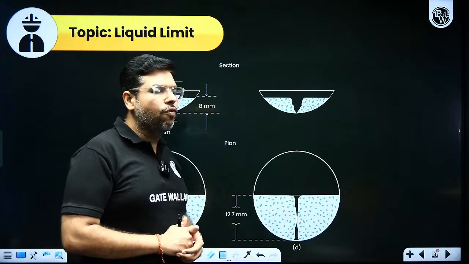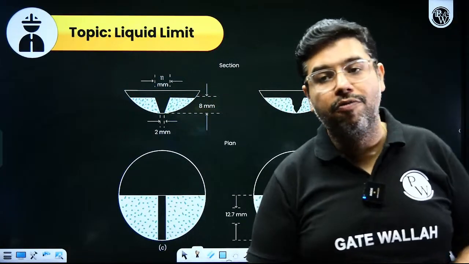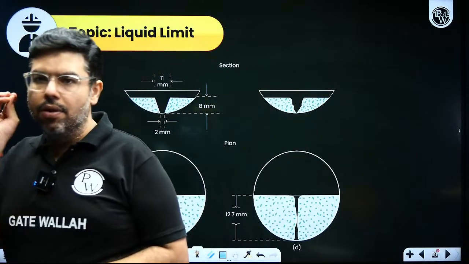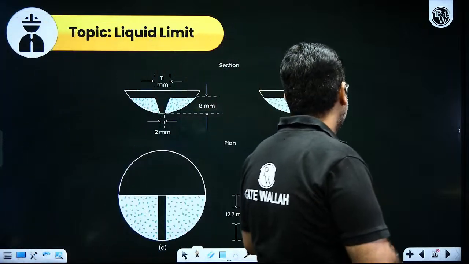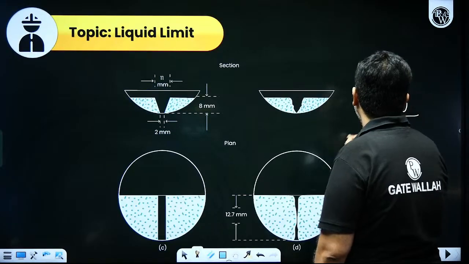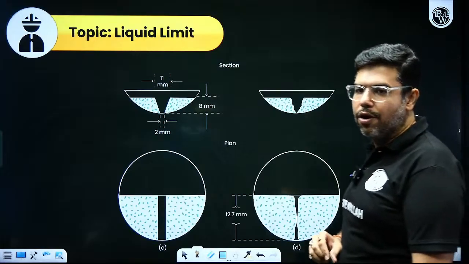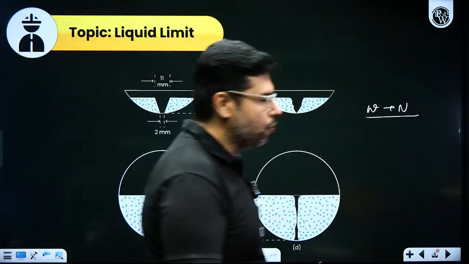Once it closes, we will record the number of blows, take a small quantity of soil from here, place it in the oven and find out the water content. So, we have recorded the water content as well as the number of blows.